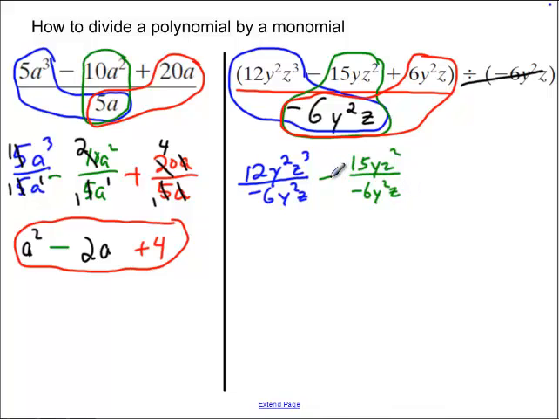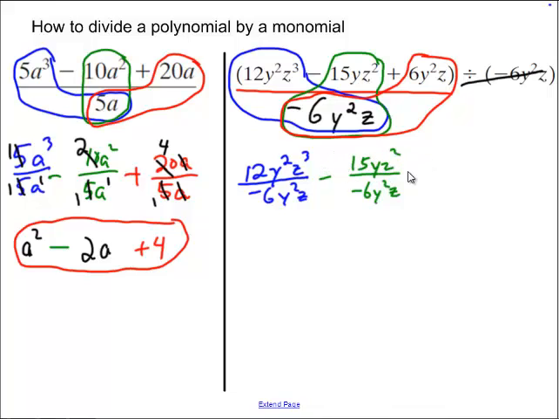And you could have taken a shortcut and said, well, 15 divided by negative 6 will become negative. If we're subtracting a negative, it becomes a positive, and you could have put a positive and a positive down here. But as long as we're following our rules here, I'm going to say this is 15y z squared here, and this is negative 6y squared z right down here. And then just pay attention to the signs later on.